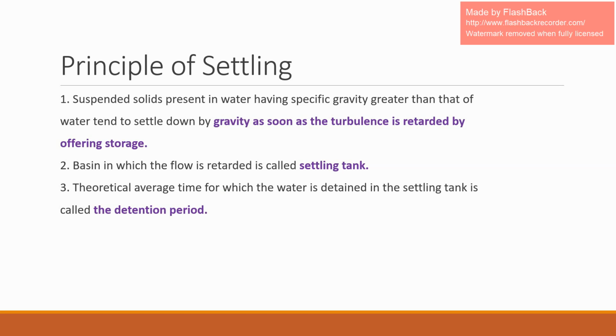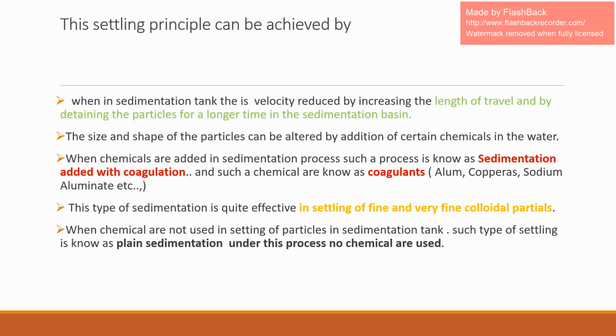In simple words, that is nothing but the retention period itself. For example, if you are moving from one point A to point B, it is the travel time. Here we call that the detention period. Next, to achieve these principles, how is it done?